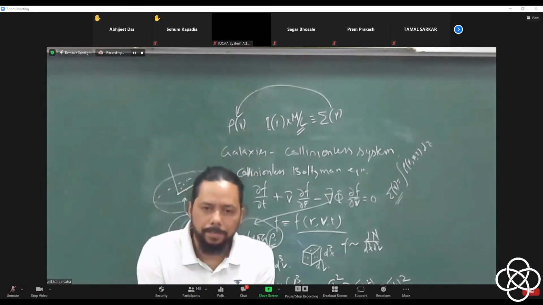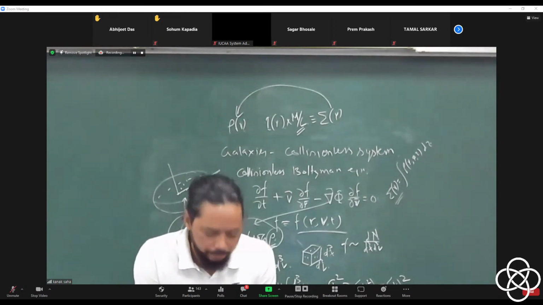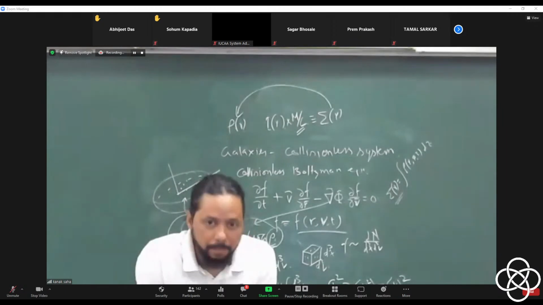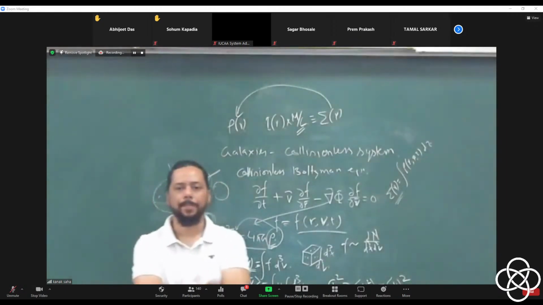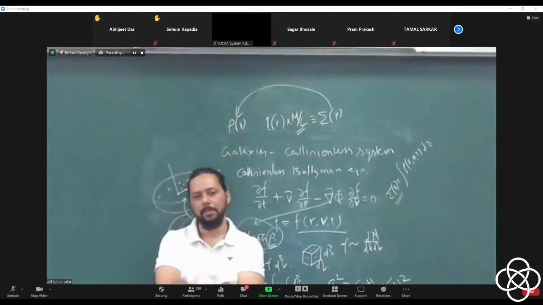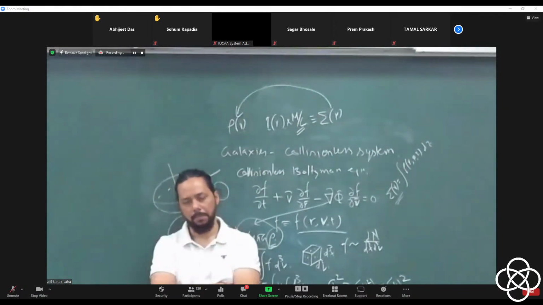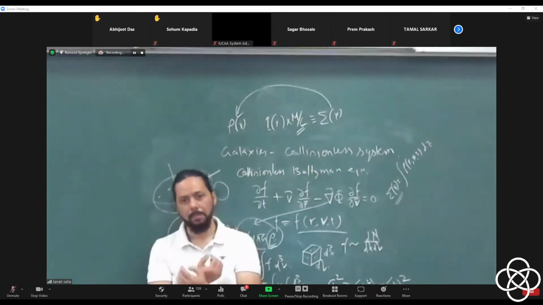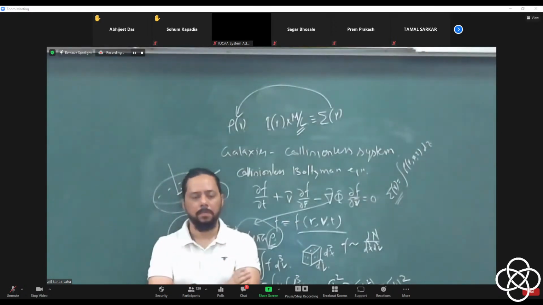I have actually two questions, which are maybe very basic ones. One regarding the dark matter distribution that you started with. The picture of dark matter that I had from the discussion is that dark matter is there and galaxies are embedded in the dark matter.